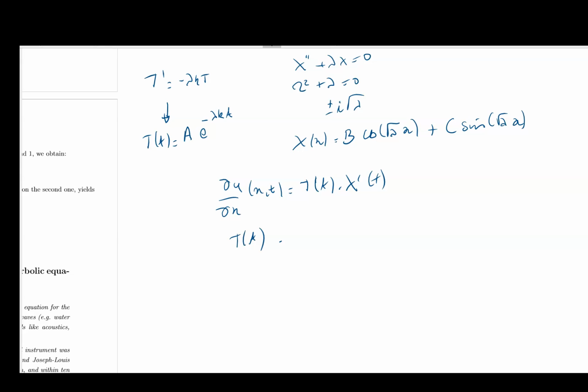Times the derivative of X with respect to x, because it's a function of x, so that's just going to be minus b square root of lambda times sine of square root of lambda times x, plus c square root of lambda cosine of square root of lambda times x, and we get that for any t, we get that in 0.